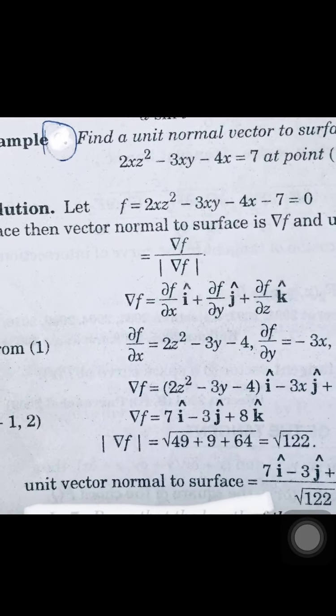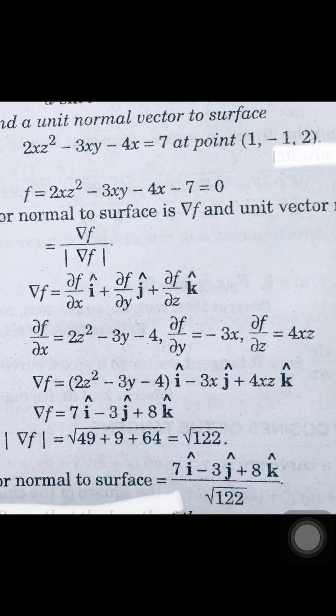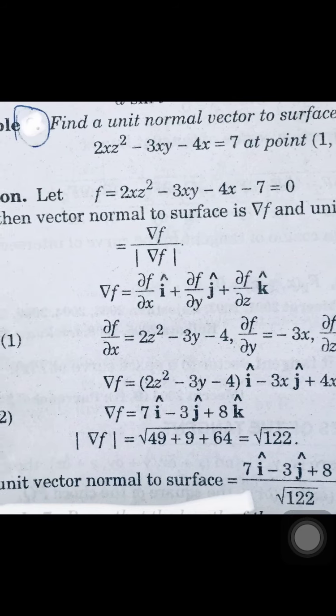Next question, find the unit normal vector to the surface f(x,y,z) equals 7. What is f(x,y,z)? 2xz square minus 3xy minus 4x equals 7, and at the point (1, minus 1, 2) we have to find the unit normal vector.